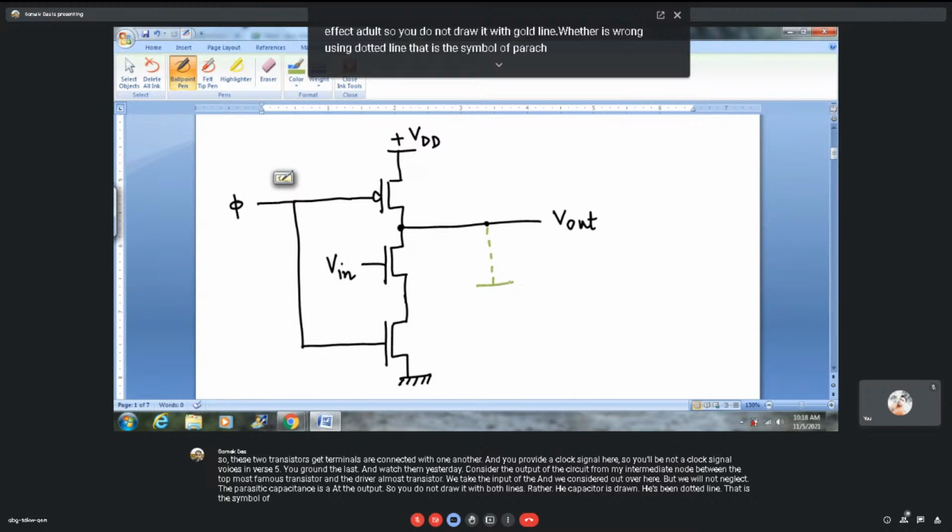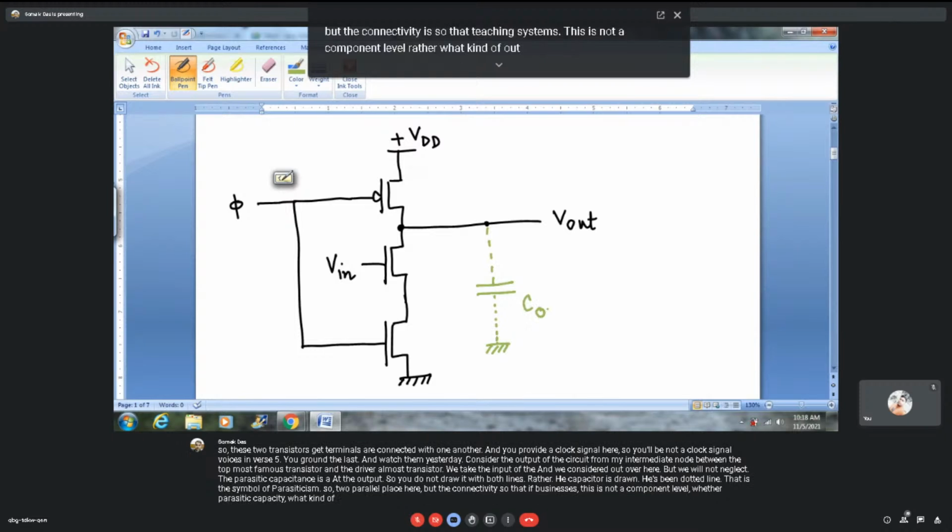So two parallel plates are bolded, but the connectivity is in a dotted fashion, so that it represents that this is not a component level capacitor, rather a parasitic capacitor. What kind of capacitor? Output node parasitic capacitor, C_OP.